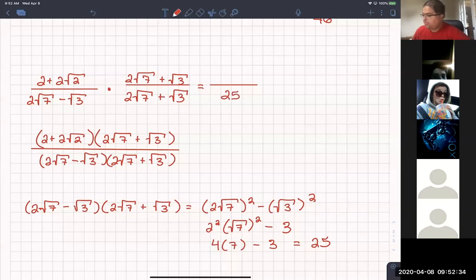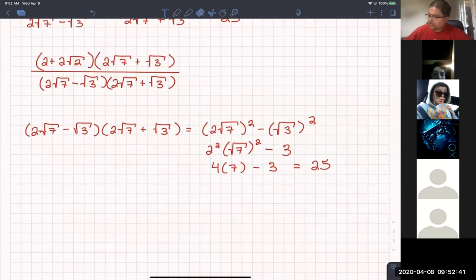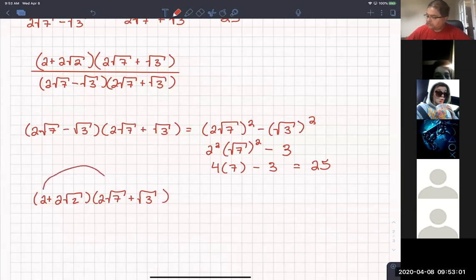Okay. Now, what do we do for the numerator? You just multiply using FOIL. Okay. So we multiply the firsts, we get 4 root 7. Remember, we multiply the outsides and we multiply the insides.